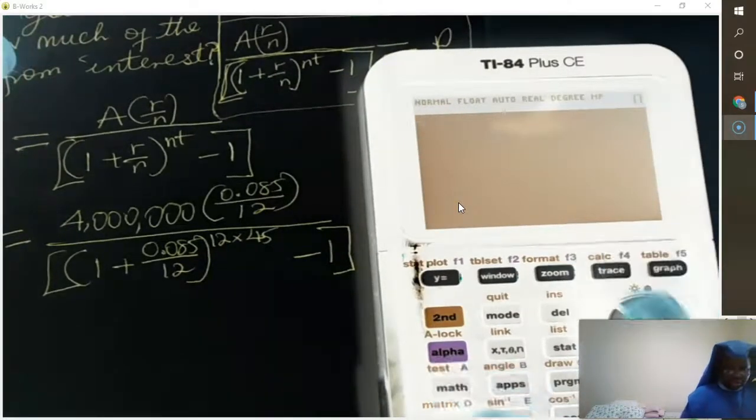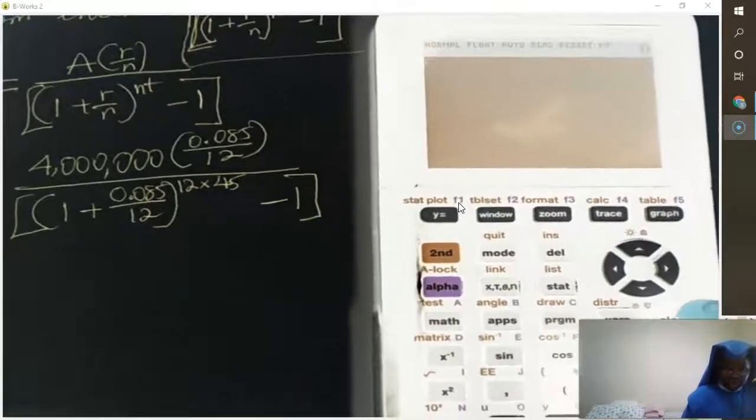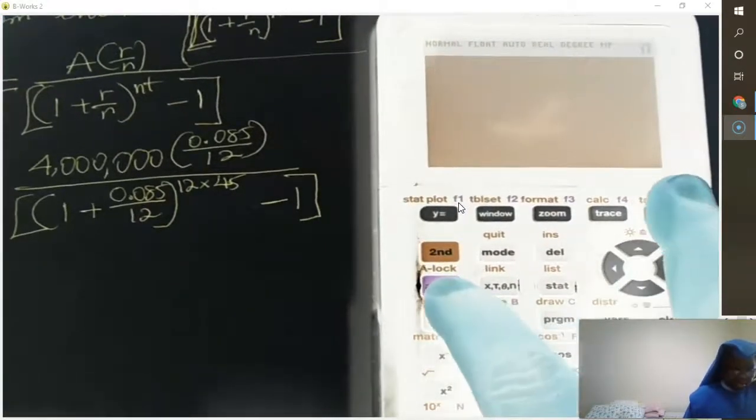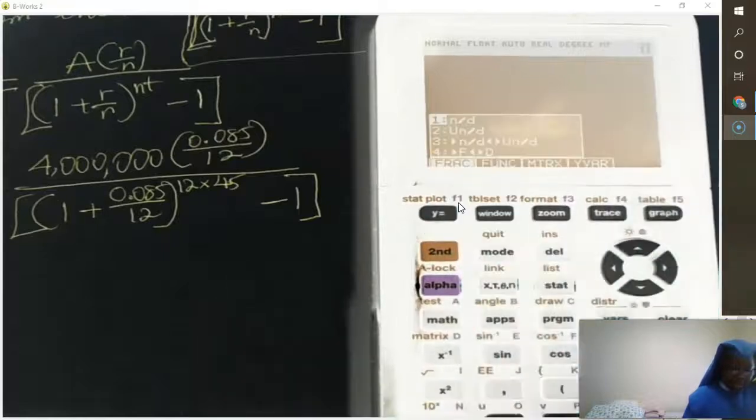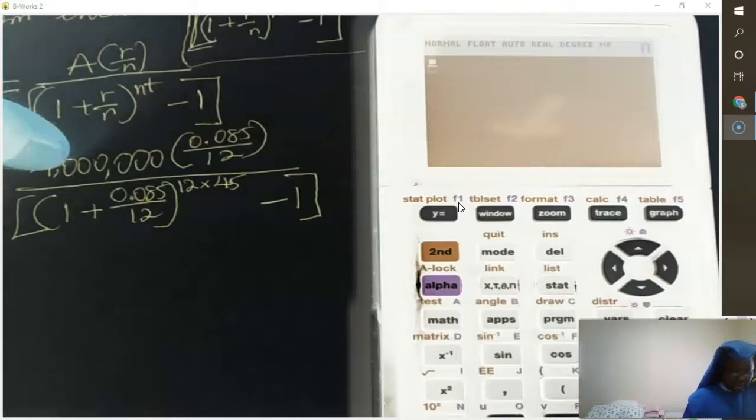Okay, so I'm going to use my fraction function here. It's alpha y, and then select the fraction. On top, we have 4 million: 4, and 6 zeros.